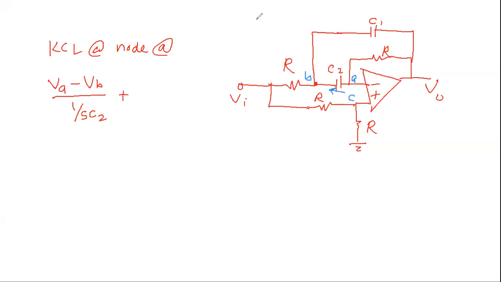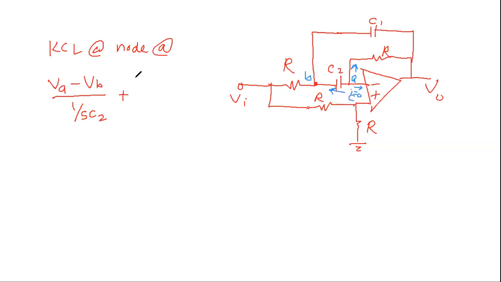How many currents do we have at A? This is 1, and the other one is this one here, right? Do we have any current here? No, so this is 0. So we have 2 currents, one here and one here. This is the first one. How much is the second one? How much is the current through this feedback R?